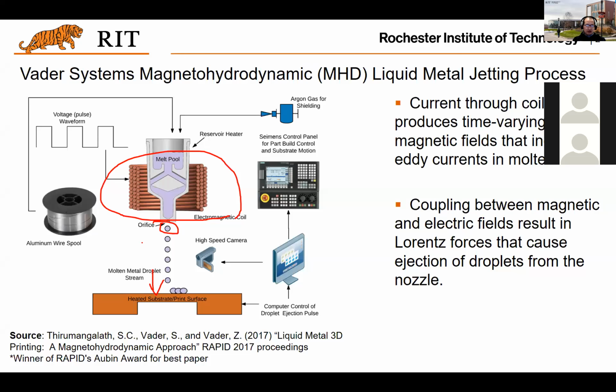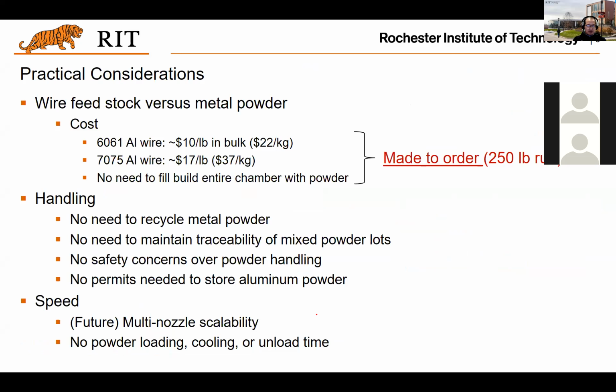Yeah. Okay, good. So that's the basic working principle for the VADAR system, magnetohydrodynamics based liquid metal jetting. And some of the benefits, right? Why do we still need this?